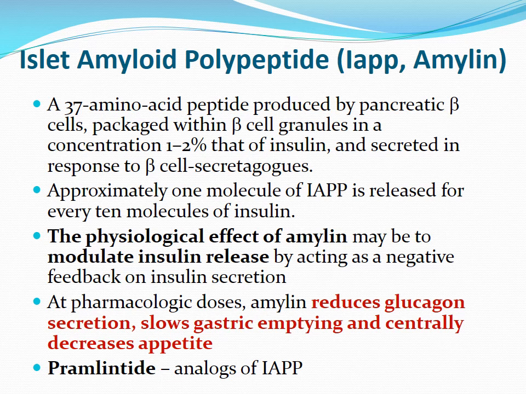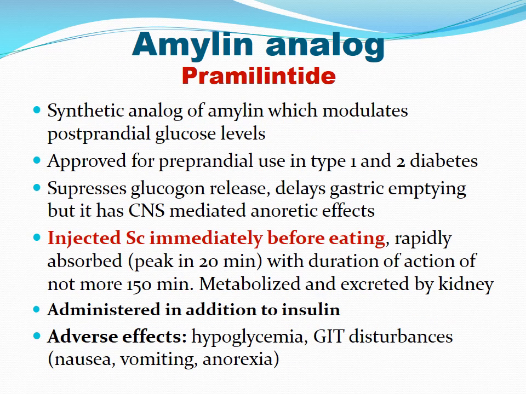At pharmacological doses, amylin has been found to reduce glucagon secretion, slow gastric emptying, and centrally decrease appetite. An example of this group is pramlintide, which is an analog of amylin. Pramlintide is a synthetic amylin analog used to modulate the postprandial glucose level.